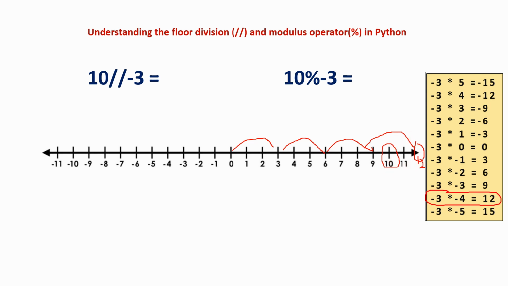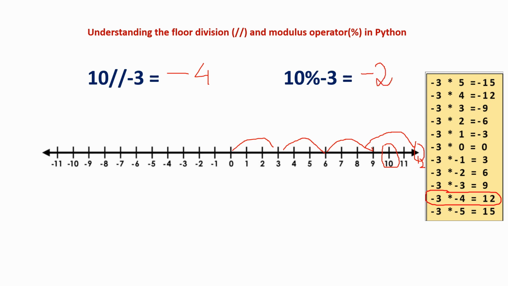So 10 minus 12 will be the modulus, while this minus 4 will be our float division. So I can write here minus 4, and here will be the difference, that is 10 minus 12 is minus 2. So this is the answer, right?